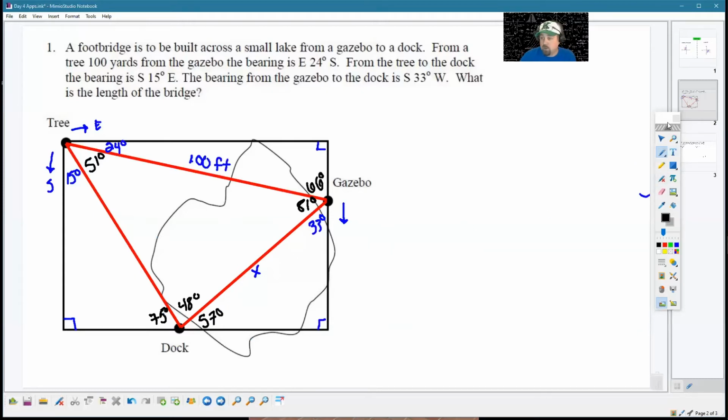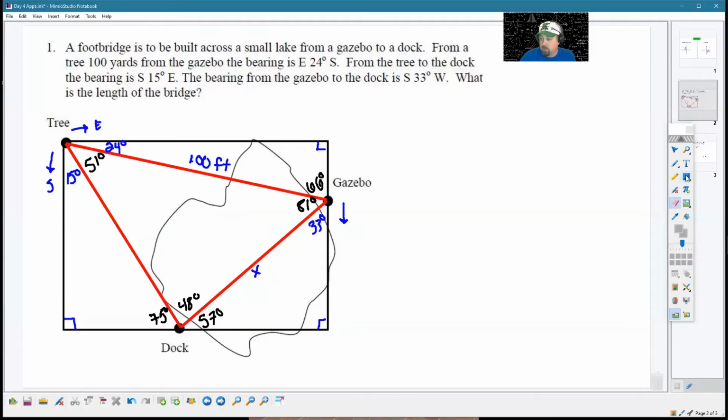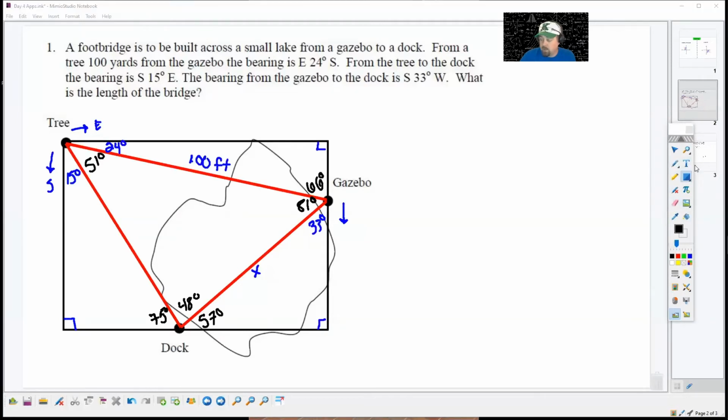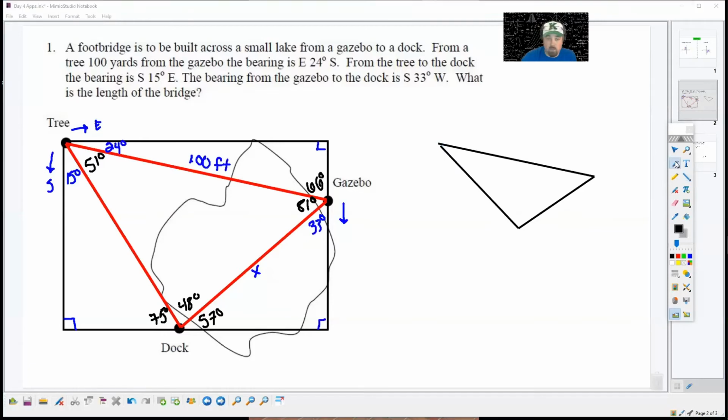So I'm going to actually draw this triangle again over here with just the label of what I want to find. See if I can make that a little bit easier to see. So let's see, like this. And we'll label everything.